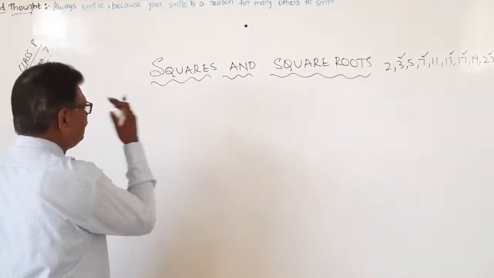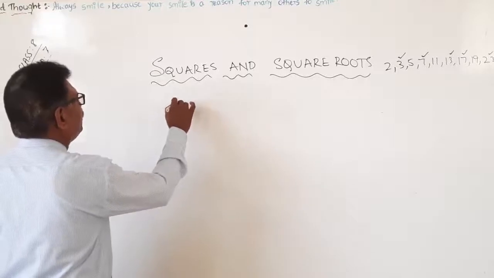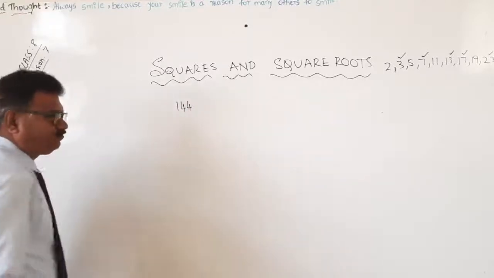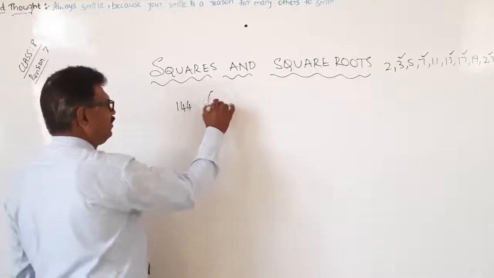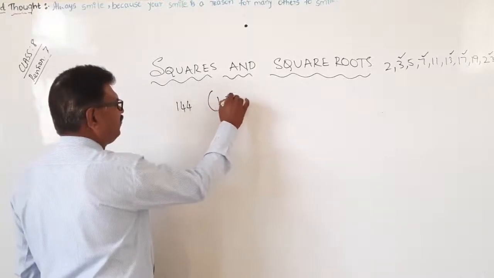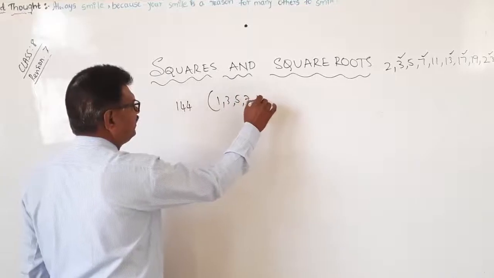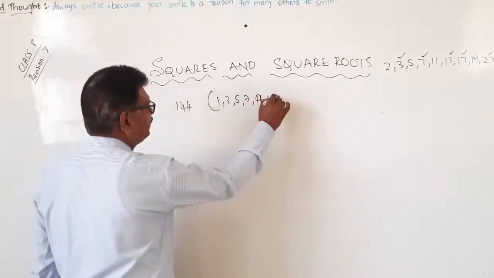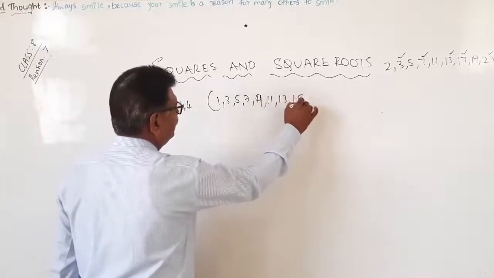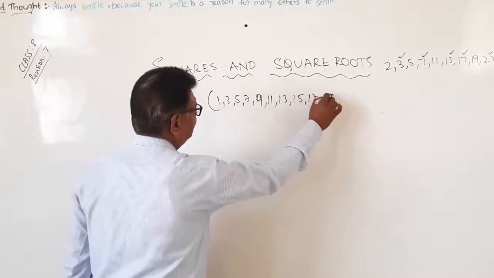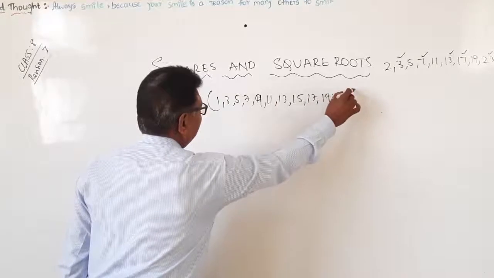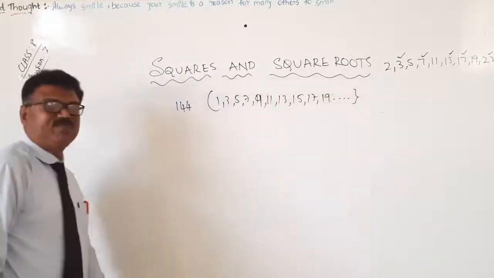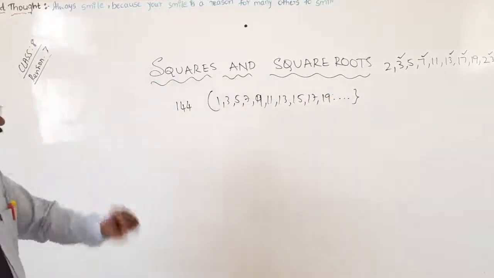For example, take a small number, 144. We know the odd numbers: 1, 3, 5, 7, 9, 11, 13, 15, 17, 19 are like this. These are not prime numbers, these are only odd numbers.